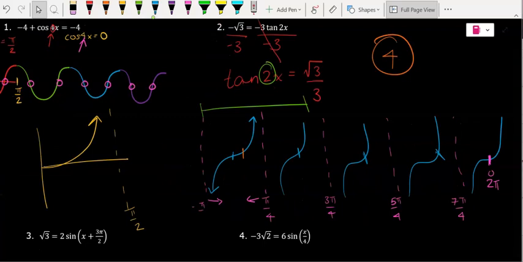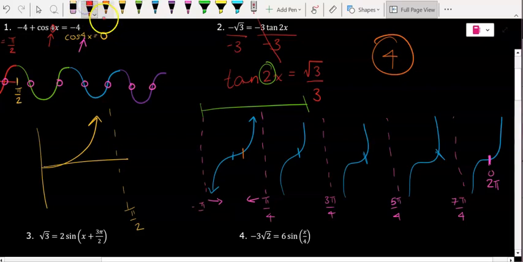So between 0 to 2 pi, it's equaling square root 3 over 3 twice, but it's going to happen 4 times because it's happening twice per period, and now I've shrunk that period in half. So now it's doubling my amount of solutions. So now I have 4 solutions in this case.